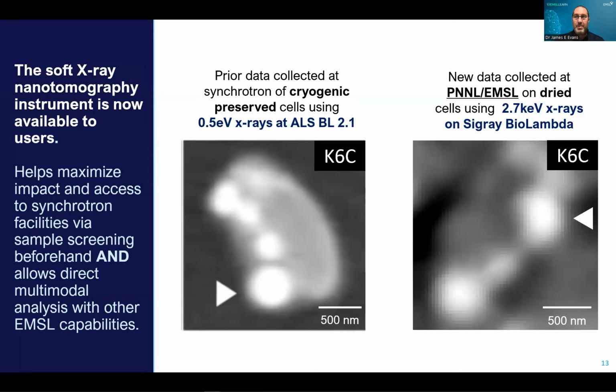While we don't need the results to be exactly the same, the hope was to help minimize impact and access to synchrotron facilities via sample screening beforehand, while also allowing direct multimodal analysis with other capabilities.